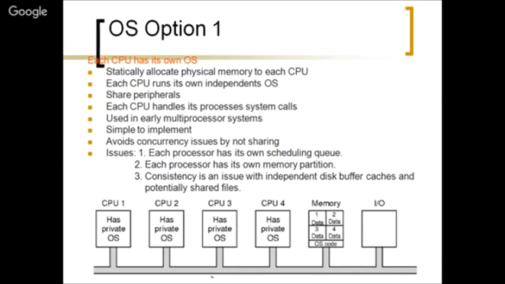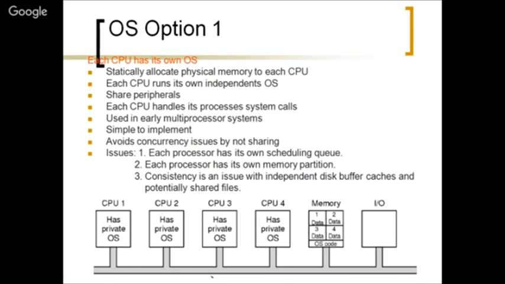So there are 3 options. Option 1: statically allocate the physical memory to each CPU. That's what we have been discussing so far. In option 1, each CPU runs its own independent OS, but the peripherals are shared, and each CPU handles its own system calls.